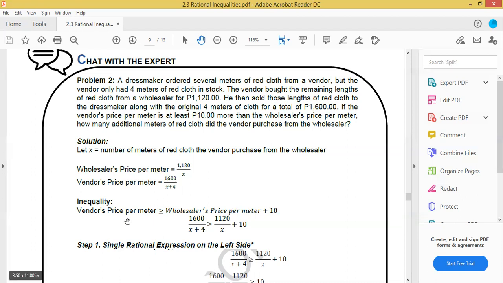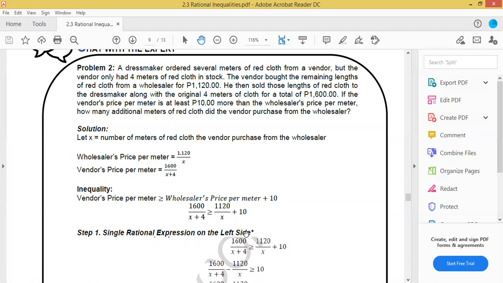Now the vendor's price, remember, is at least, so it means greater than or equal to, the wholesaler's price plus 10. So we substitute. The vendor's price per meter is this one. We copy. It's greater than or equal to the wholesaler's price per meter, this one, plus 10.